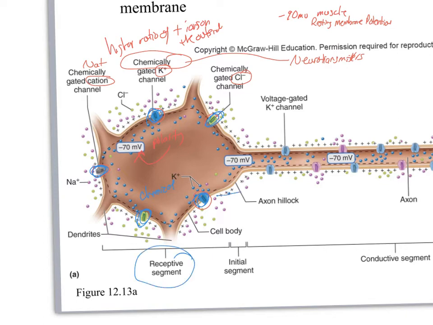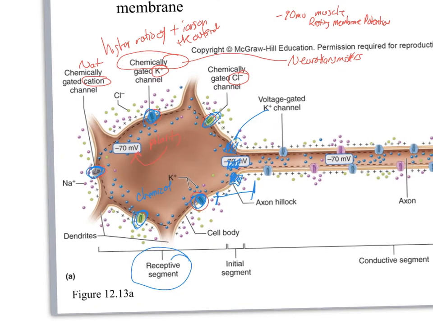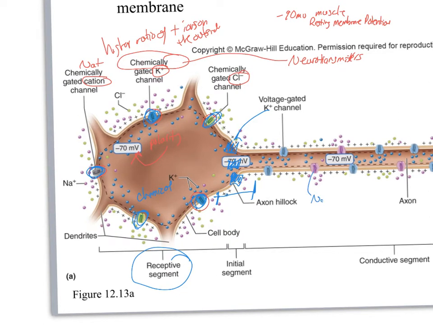But when we get down to this area, and they're not showing them here yet, but there will be additional voltage gates all in here, okay? And these are going to be voltage gates. So this one they're showing is a voltage gate for sodium. And then up here is a voltage gate for potassium.